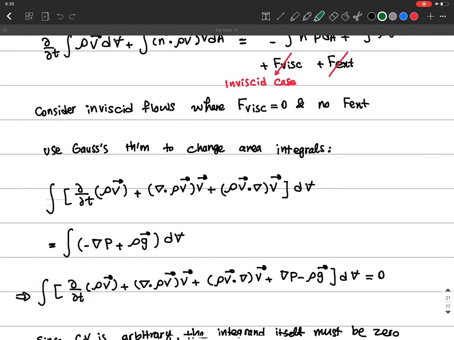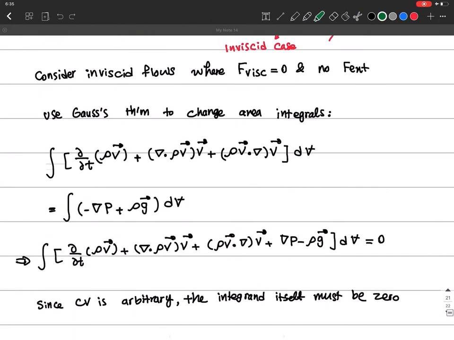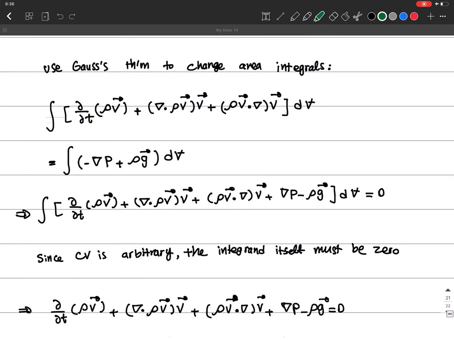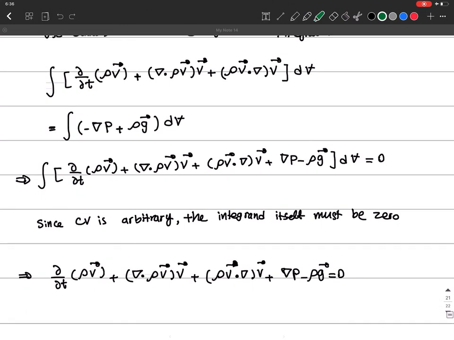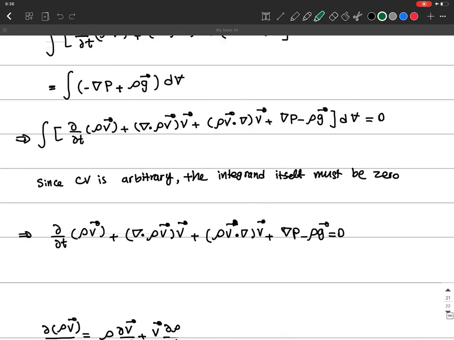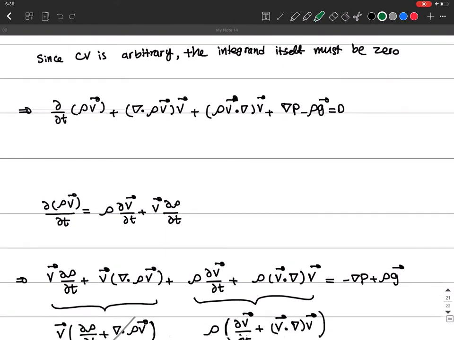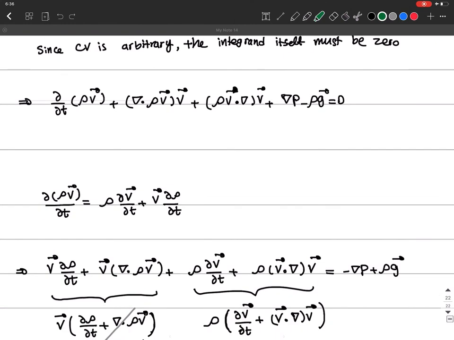And then again used Gauss's theorem to change area integrals into volume integrals. So we changed everything and we got to this equation. And again, because this is valid in any arbitrary CV, the integrand itself must be 0.